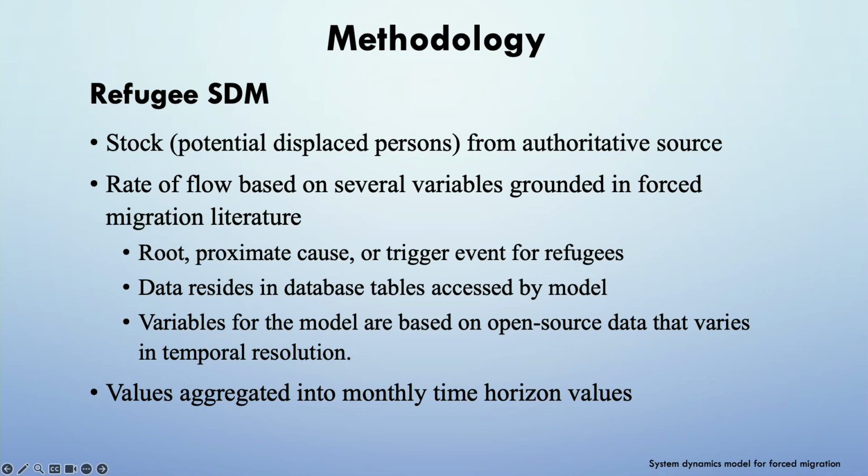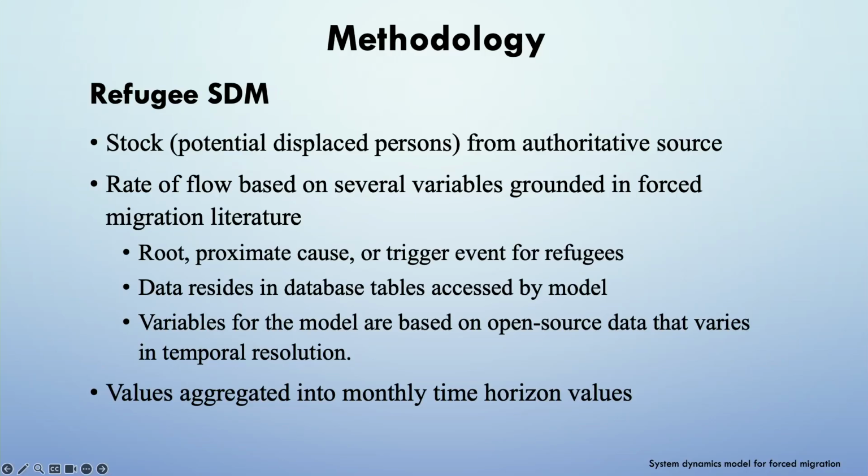Within the methodology, we had the stock from the potential displaced persons from the World Bank or authoritative population data source, and then the rate of flow based on the different variables grounded in forced migration literature. So I spent about a year or two in a literature review trying to look at all different causes of forced migration, and it really came down to root causes, such as poverty, the economic conditions.